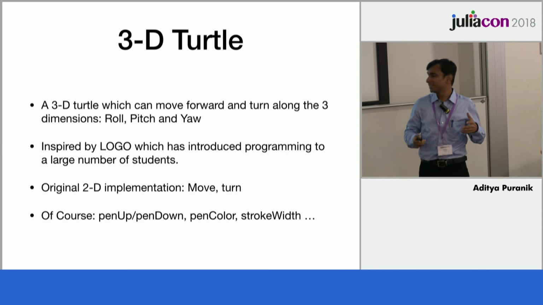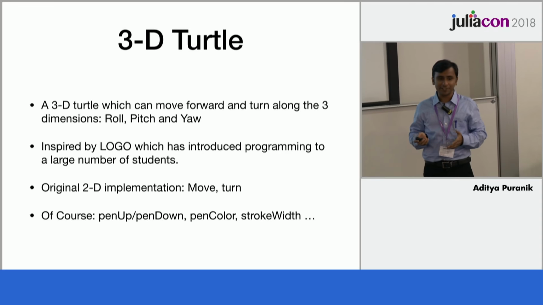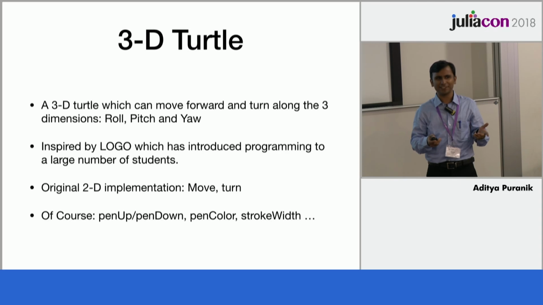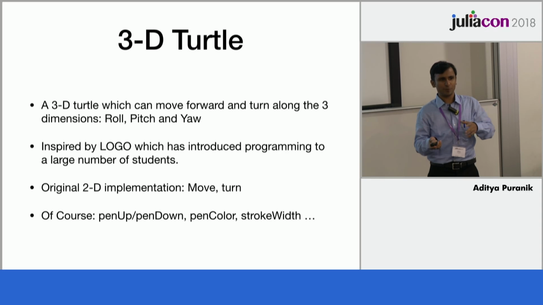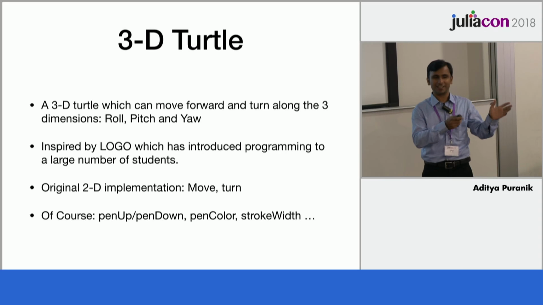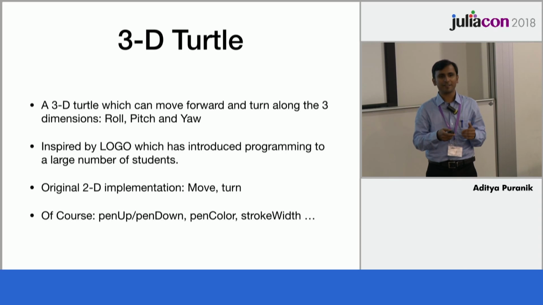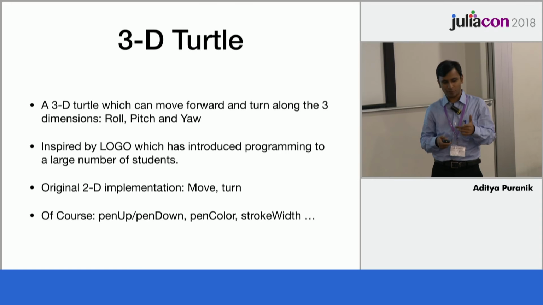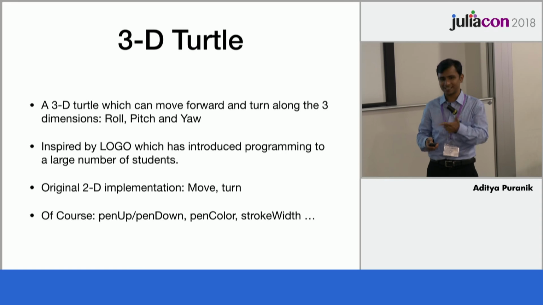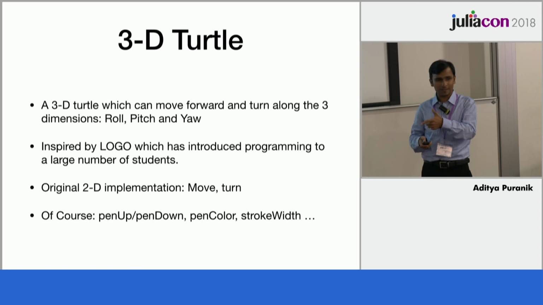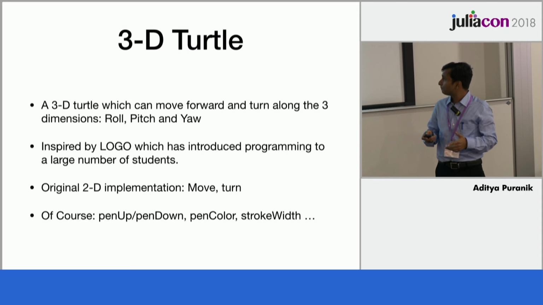We also have a 3D turtle, and the idea with the 3D turtle is around Logo. Logo was immensely popular a couple of decades ago, and so we have a 3D implementation. Our turtle is in 3D space, so it has yaw, pitch, and roll around the axes.